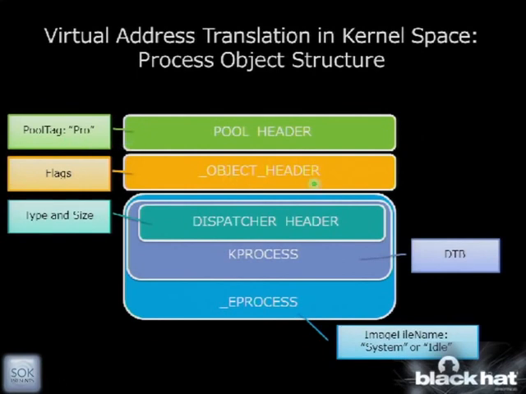The object header has flags that are fixed values. And the dispatcher header and DTB are included in KPROCESS, which is located at the head of EPROCESS. EPROCESS has the image file name. This is the process name. Some analysis tools try to find the kernel DTB value using these fixed values and strings.